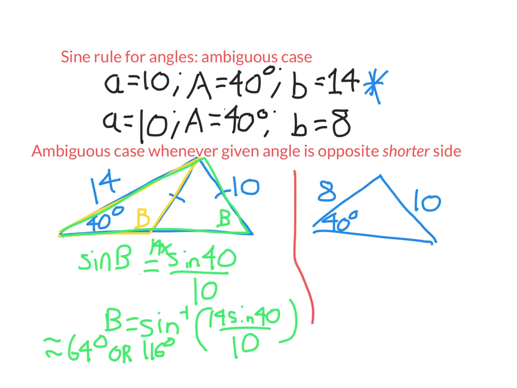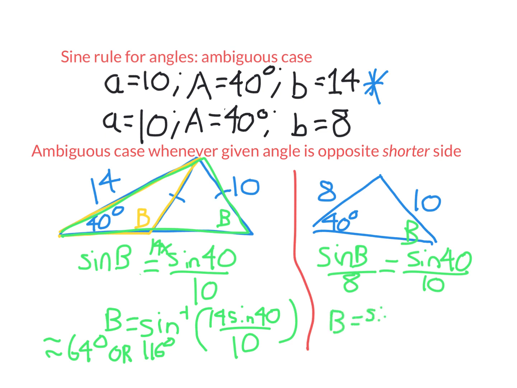So let's look at what would happen when there is no ambiguous case. We'll use the sine rule for an angle again. The sine rule tells us sine B over b, so we're finding this angle here, equals sine A over a. And we're just going to use the same process we used last time. We'll end up getting B equals sine inverse of 8 sine 40 over 10. Putting that in our calculator, we get 31 degrees.